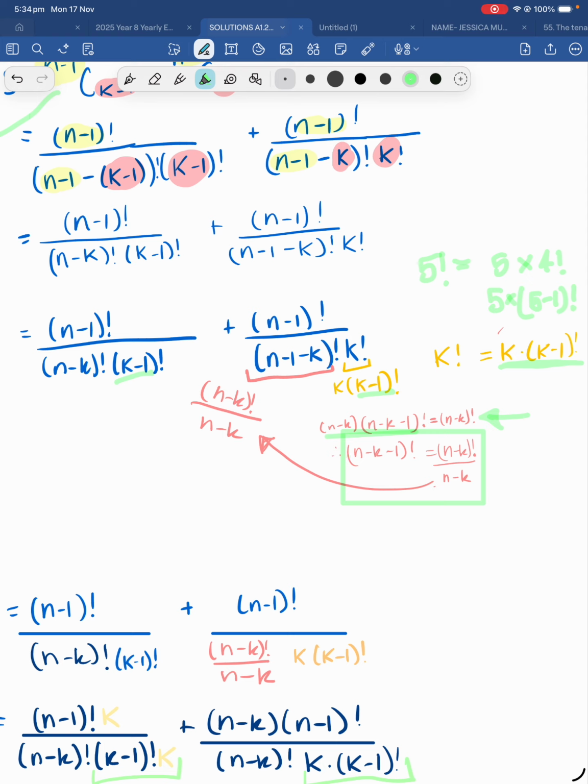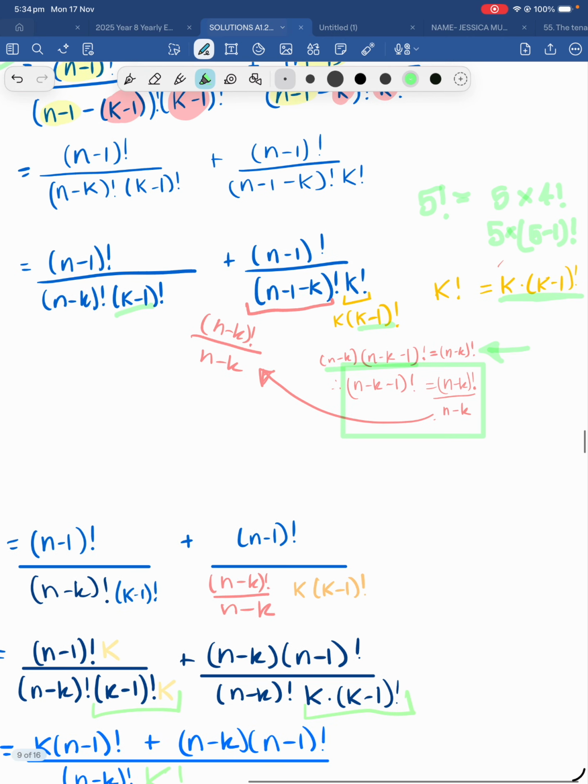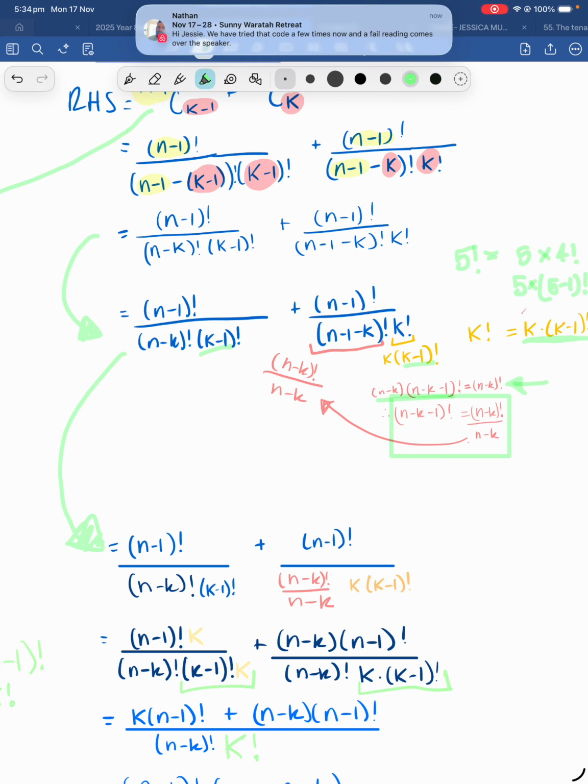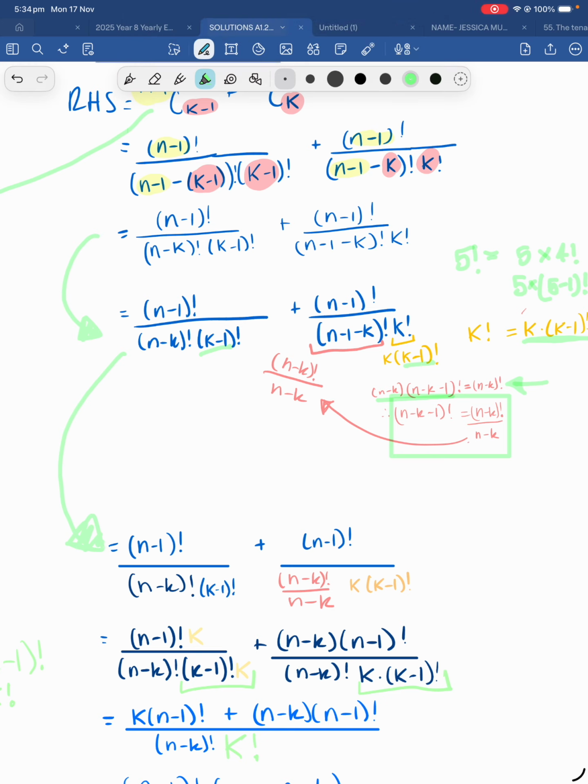And that's exactly what I do on my next line. So have a look at this next line down. Notice what I did. The left-hand fraction is the same. The right-hand fraction I've substituted in. So take a moment now, just have a look and see.